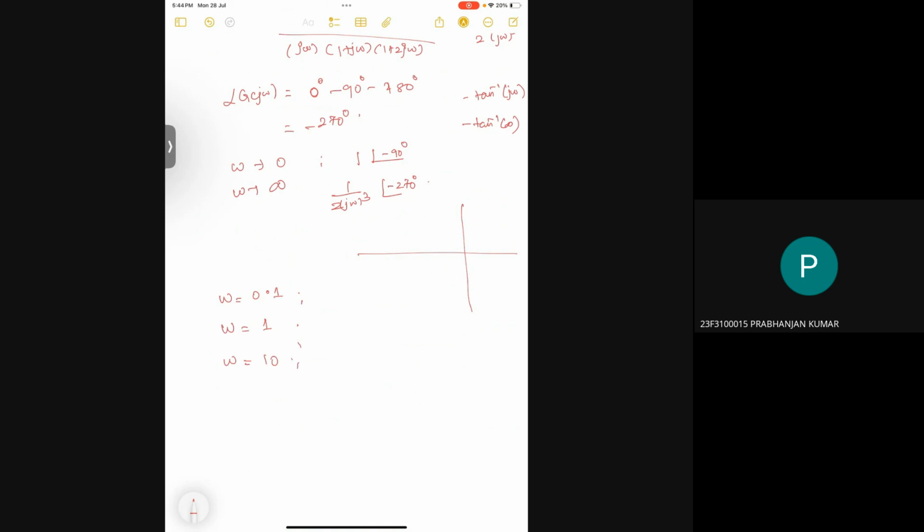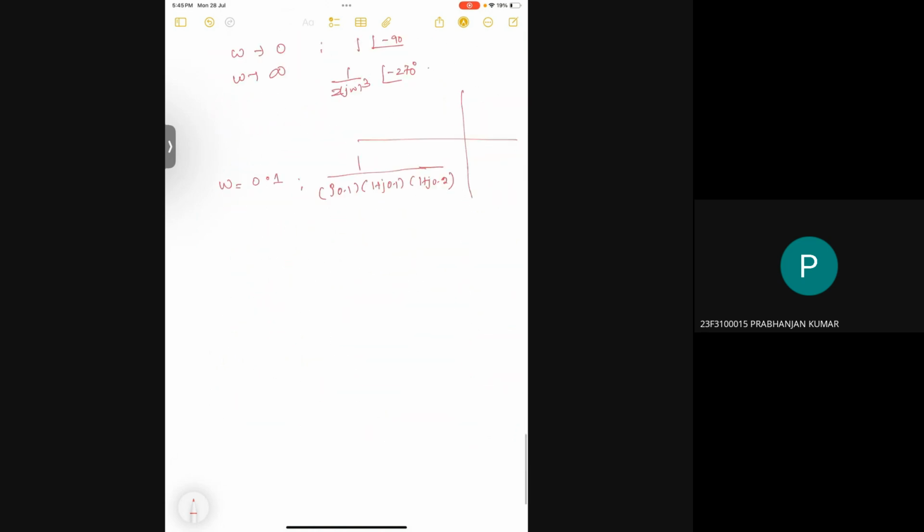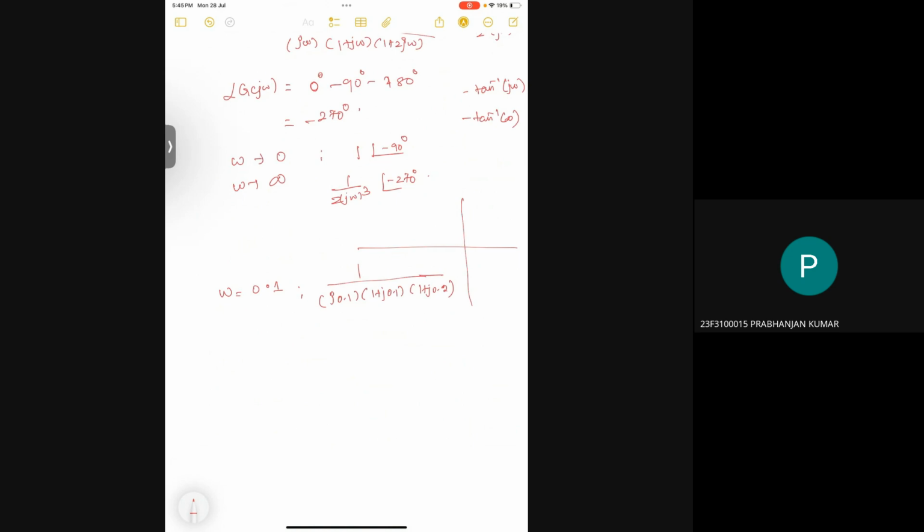So we will evaluate for all these values, just substituting instead of omega. So this will become j 0.1 into 1 plus j 0.1 into 1 plus j 0.2. Similarly, we calculate the tan inverse value.